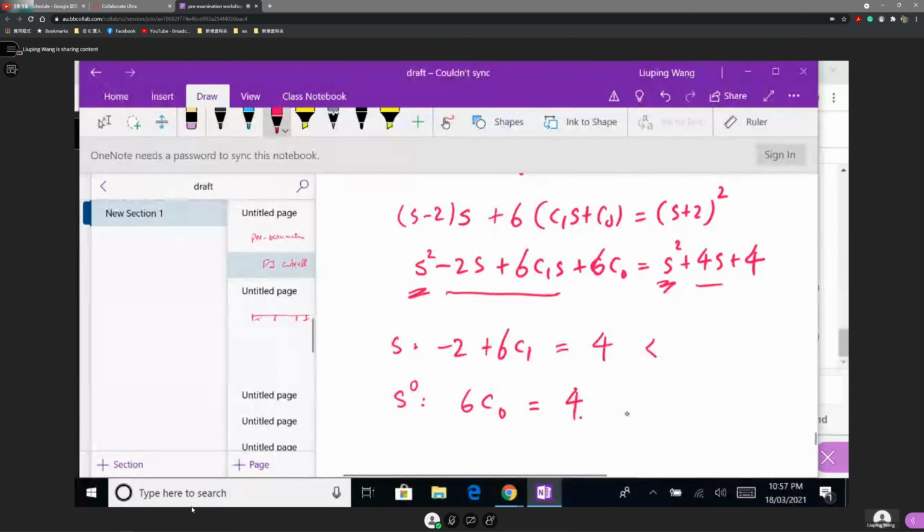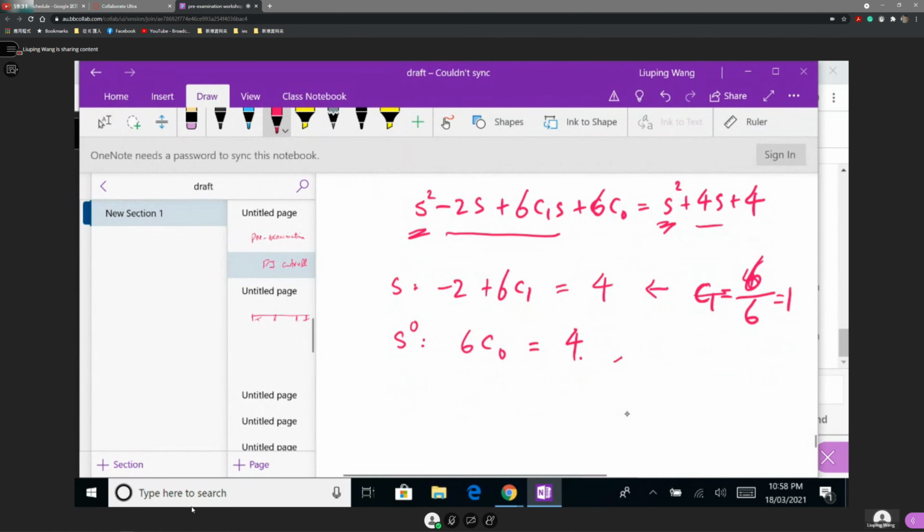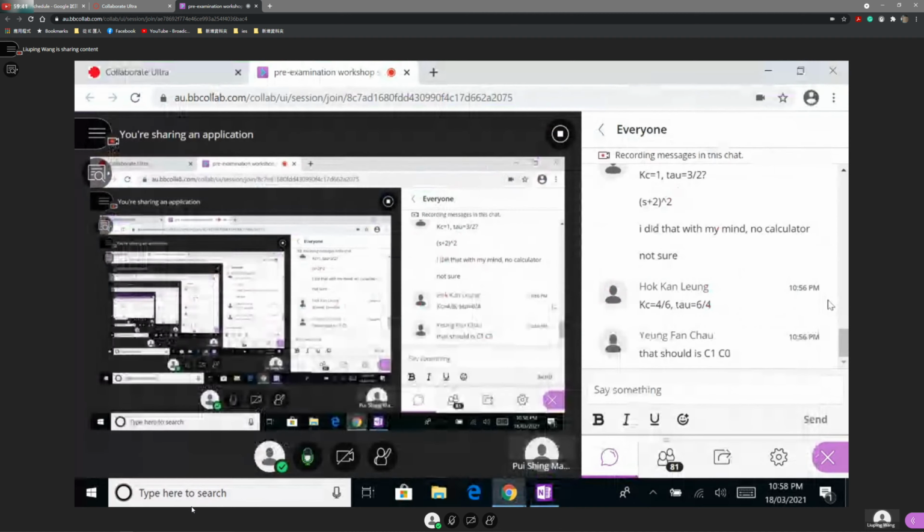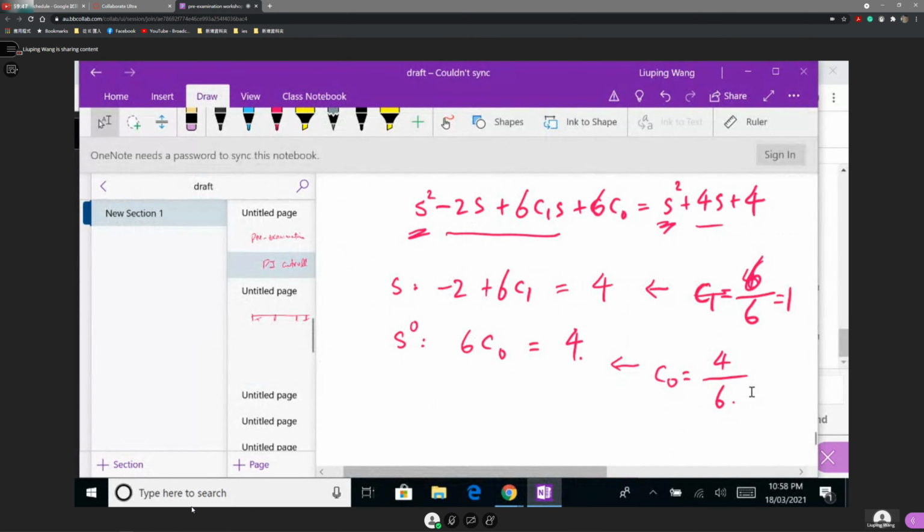Solving, C1 is equal to (4 plus 2) over 6, so this is equal to 1. And then C0 equal to 4 over 6. So who got it right? Let's see. Yeah, so Kc.